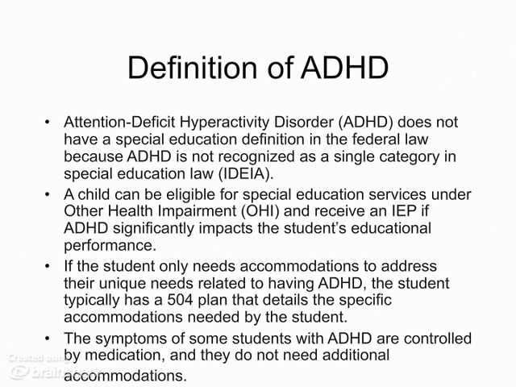If the student only needs accommodations to address their unique needs related to having ADHD, the student typically has a 504 plan that details the specific accommodations needed by the student.